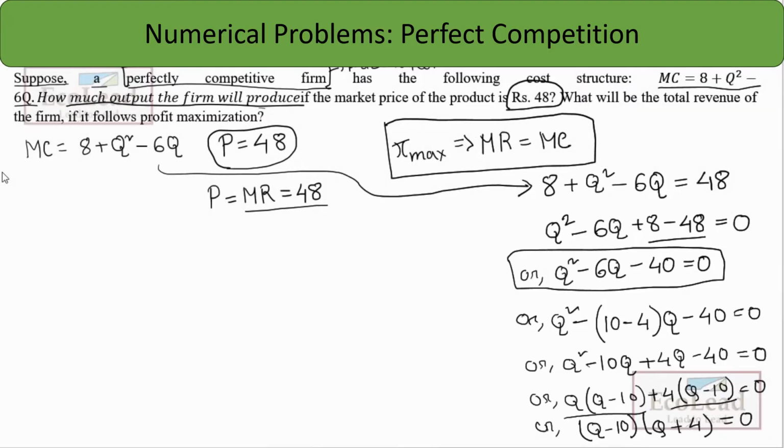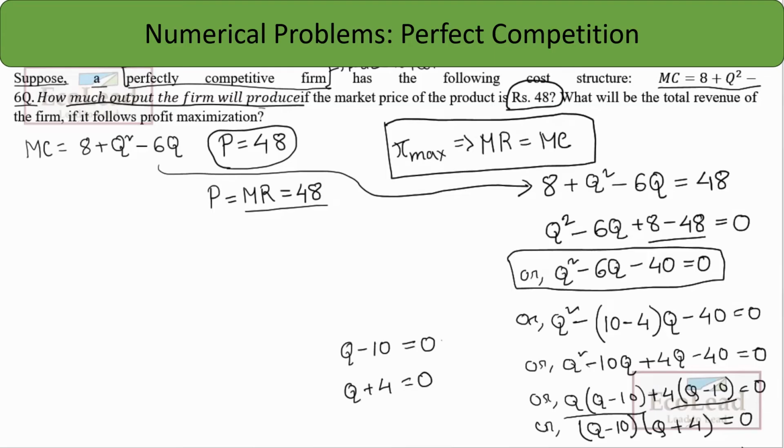If the multiplication of two terms is equal to 0, that means either of these two terms is equal to 0. So either q minus 10 equals 0, or q plus 4 equals 0.